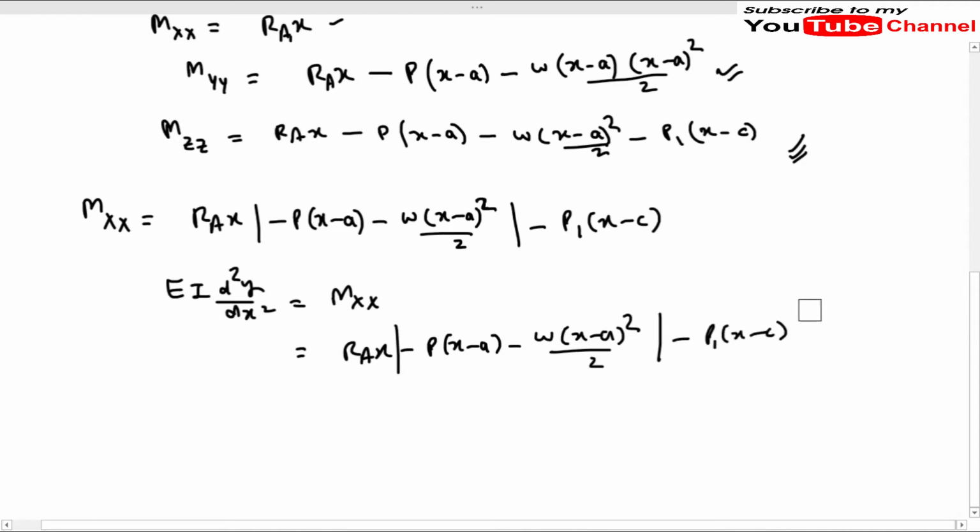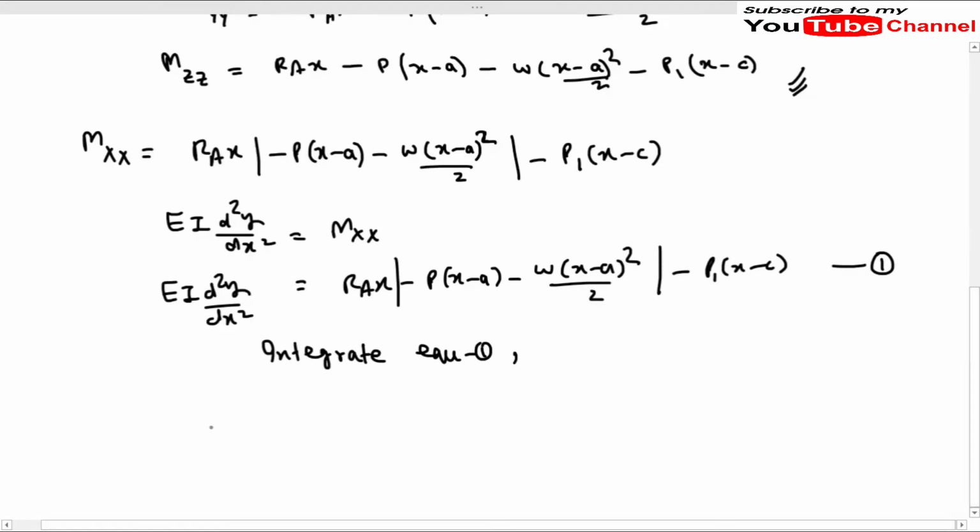Now this is the first equation. Now we will integrate this equation.